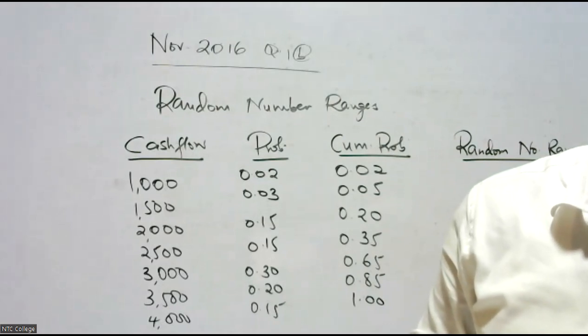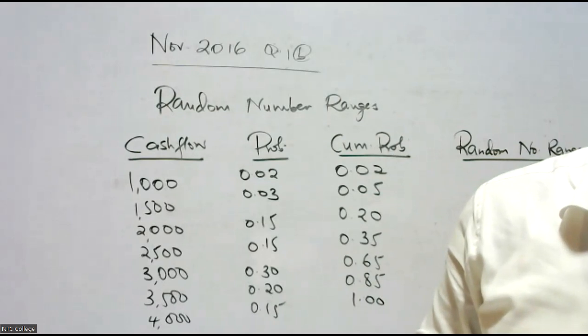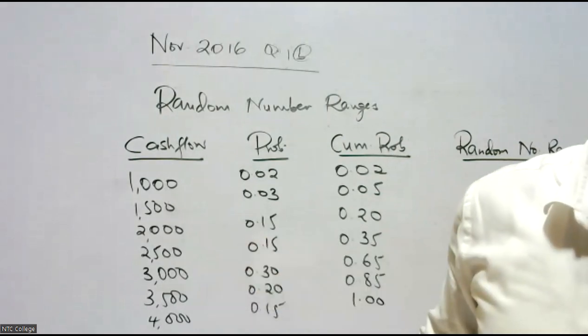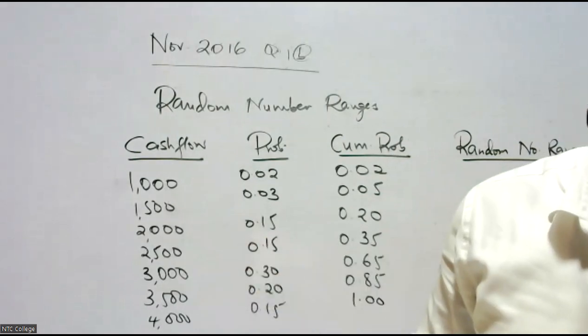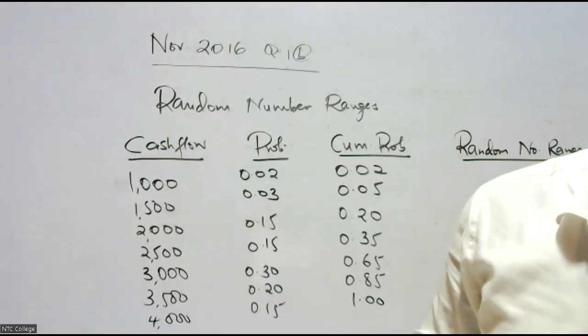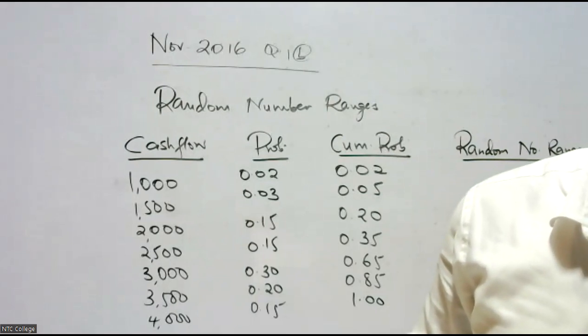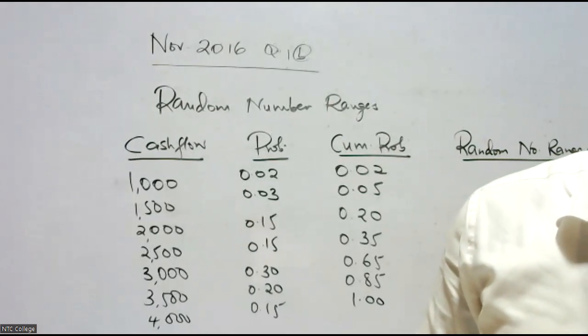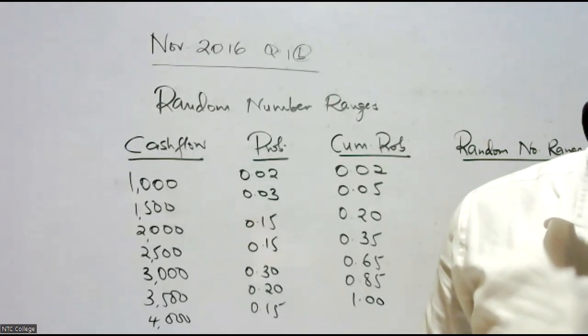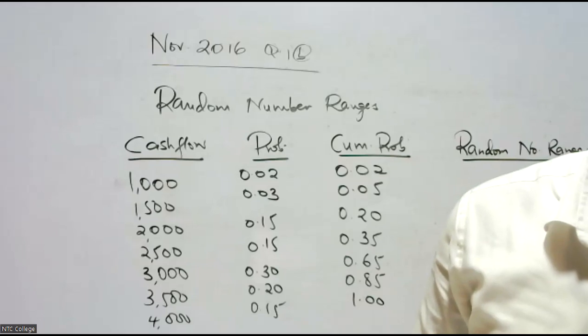Let me see how many we are. Keep on copying that, then start expanding. I see how many have decided to escape from day 1. Then they will come and tell me, Mwalimu, I don't understand simulation. I don't know. How do I go about it?